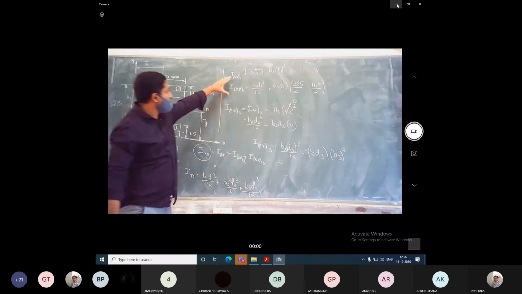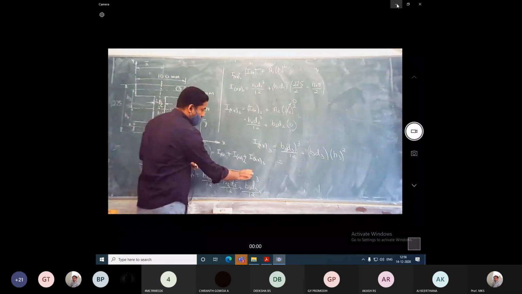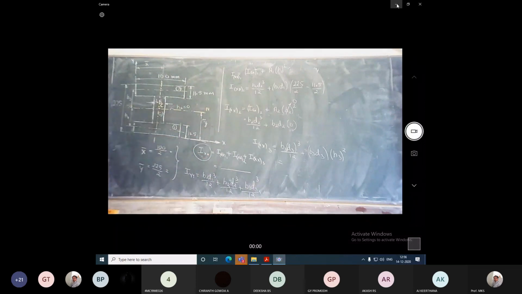When you calculate all this and add it, the answer should be the same as what you got earlier, 3 point something into 10 power 7. You will come to the same answer for the moment of inertia with respect to the x-axis. So this is the method to calculate the moment of inertia for an unsymmetrical section. Don't use it for a symmetrical section; for that, use the same method we used in the problem, which is simpler. For an unsymmetrical section, you follow this.